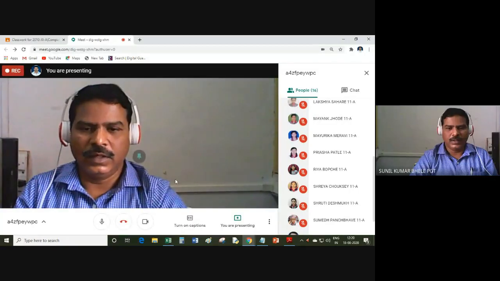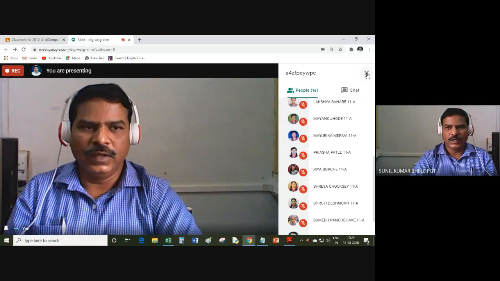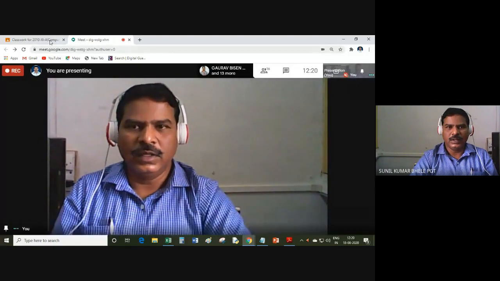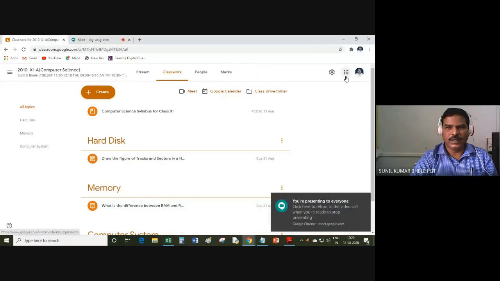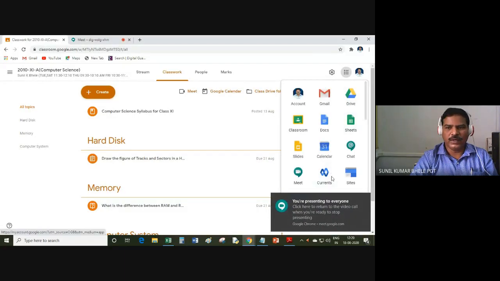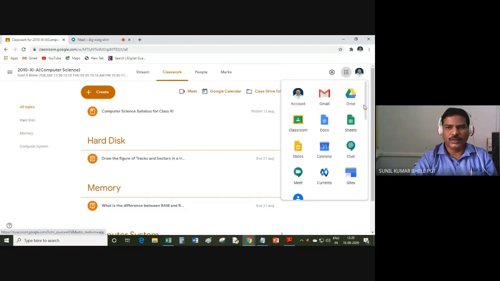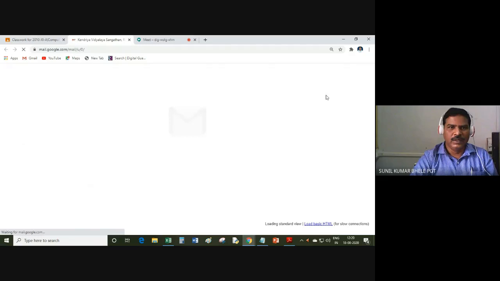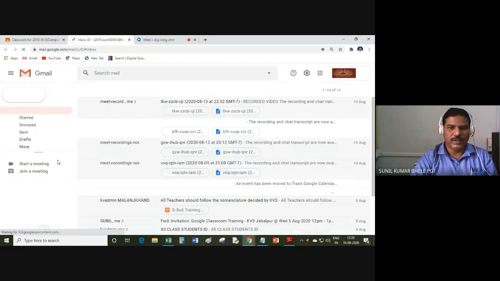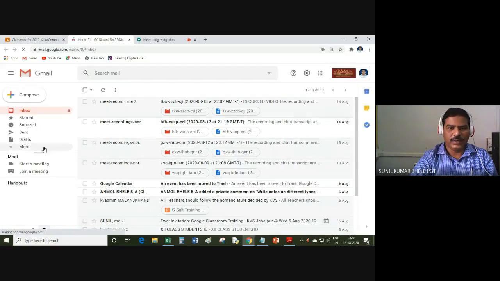Okay, you know that you can access Gmail also. If you click on these 9 dots, you can see the app icons are displayed. Through that, if you click on the Gmail icon, your G Suite Gmail app will open in your computer, and you will see one email which contains a video.